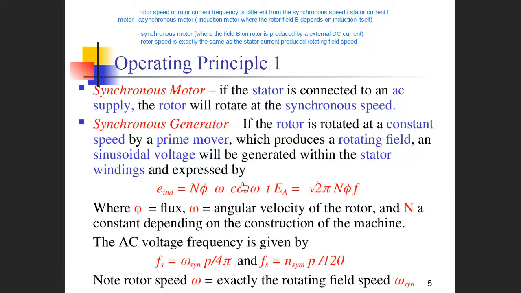The rotation generates electricity whose amplitude depends on three components. One, the number of turns of the windings on the stator. Two, the amount of flux through each winding. And three, the rotational angular velocity omega.